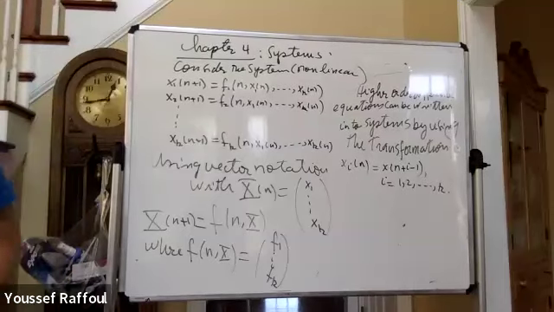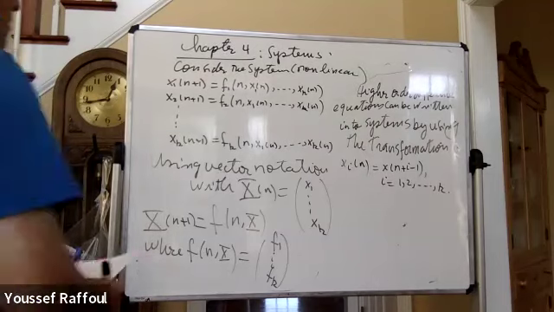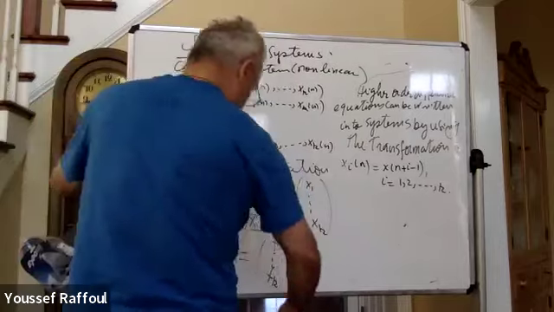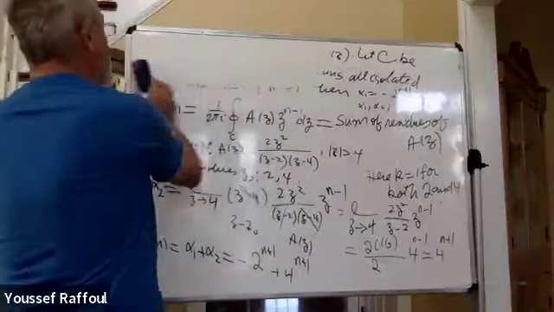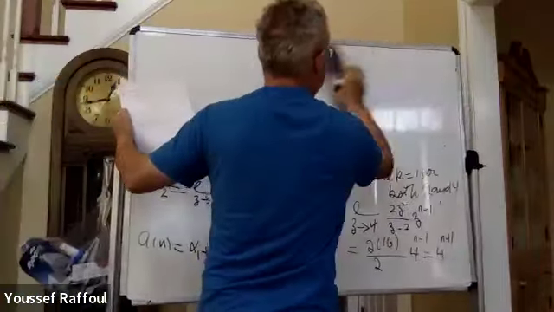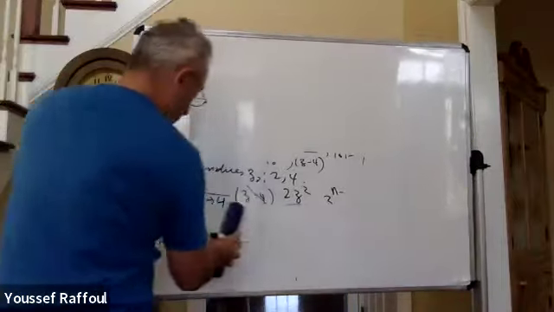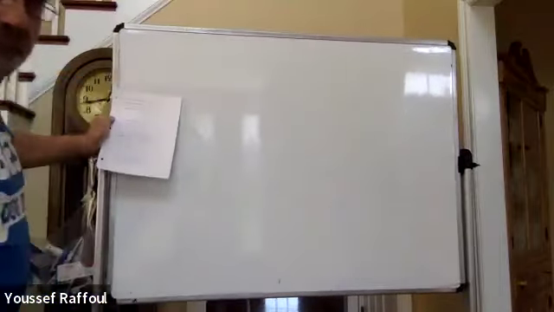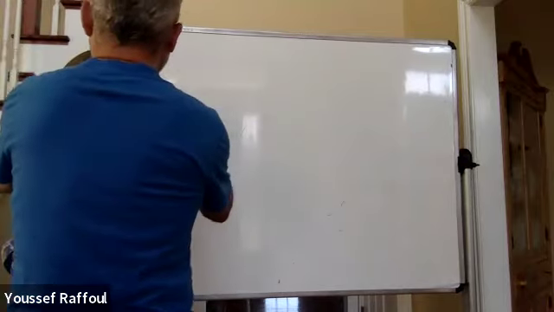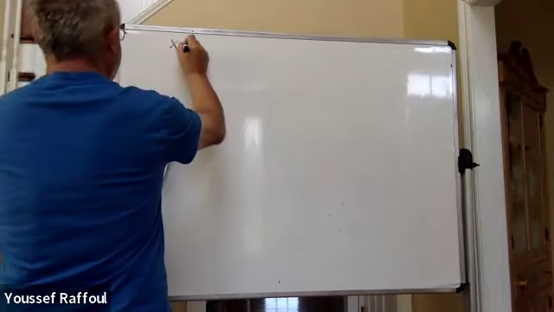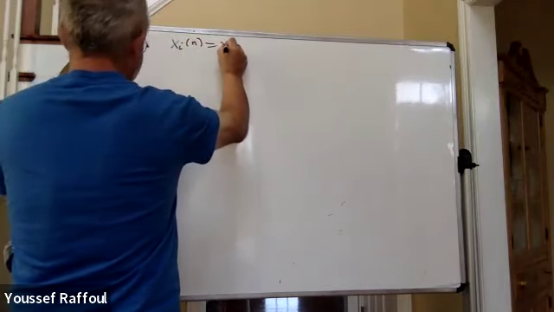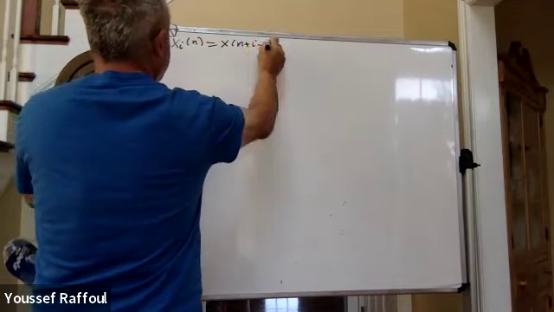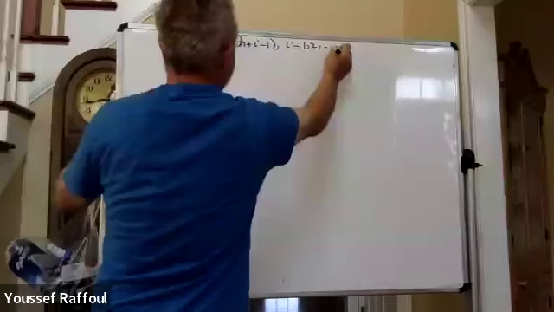So we make a change of variables. Let me write it again here. Again, we have x_i of n equal x of n plus i minus 1, i equal 1, 2, all the way to k.